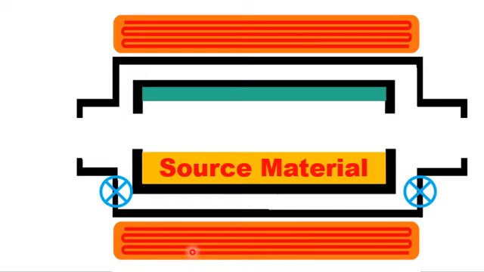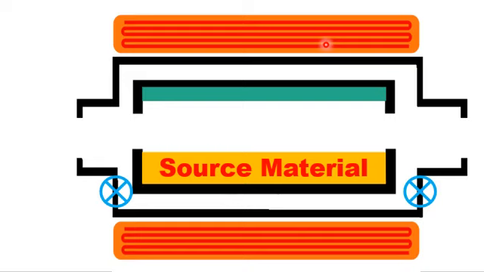Student, keep in mind you have to adjust the position of heaters in such a way that they interact maximally with the source material. The heaters used are usually based on thermionic emission, and they are mostly tungsten filaments or high temperature bulbs. So it depends on you what kind of heaters you want to use.